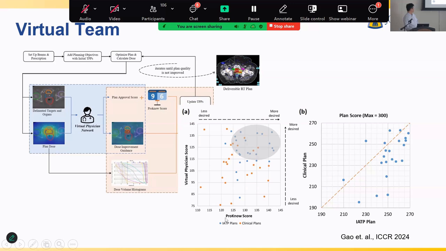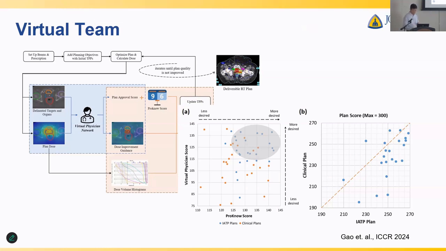But with the virtual physician score, the plans were pushed in this direction, indicating the plans are more likely to be accepted by the physician. The second plot shows a similar idea. Basically, by coupling the physician's preference into the treatment planning, we can come up with a plan not only deliverable by the machine, but also more likely to be approved by the physician.